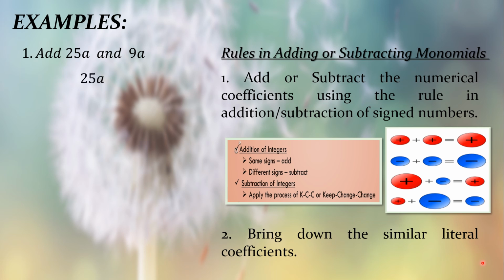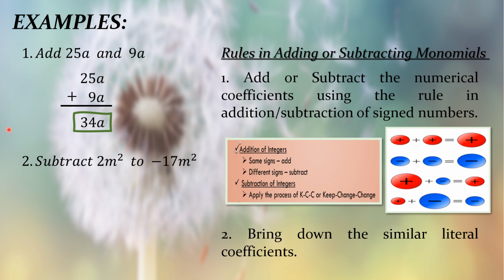So let us now solve using the vertical method. 25a plus 9a. Kailangan magkatapat ang literal coefficient at ang numerical coefficient para hindi tayo malito sa solution. So let us now add. 25a plus 9a is 34a because 25 plus 9 is 34, and then you just have to bring down the variable which is a.